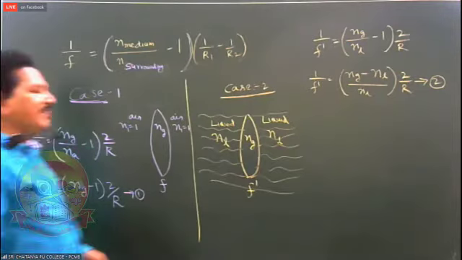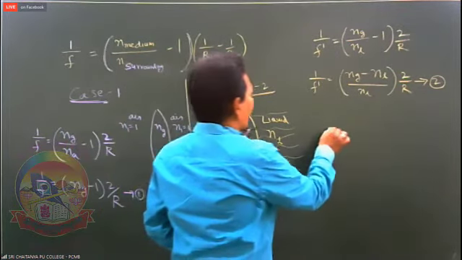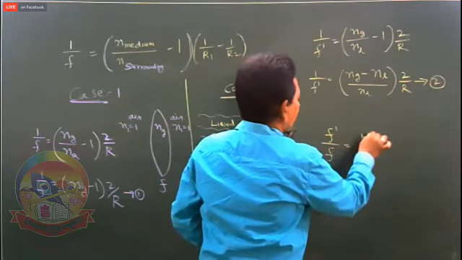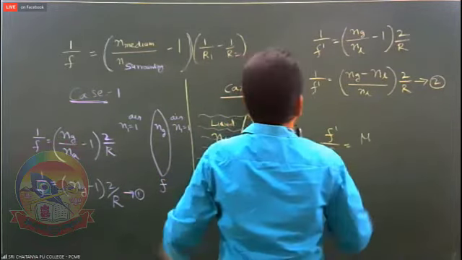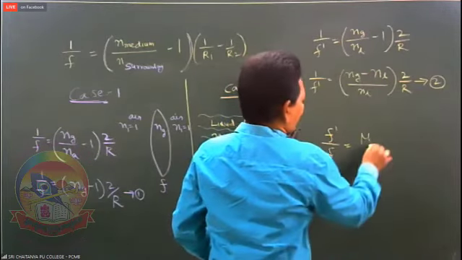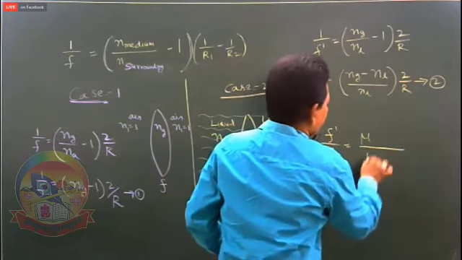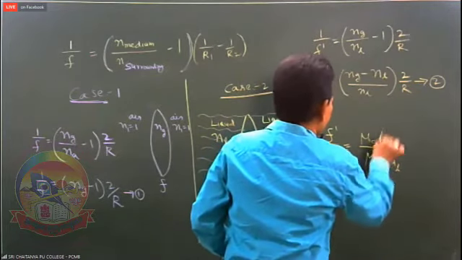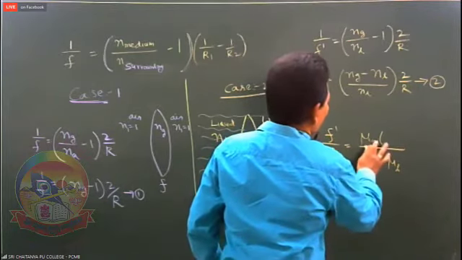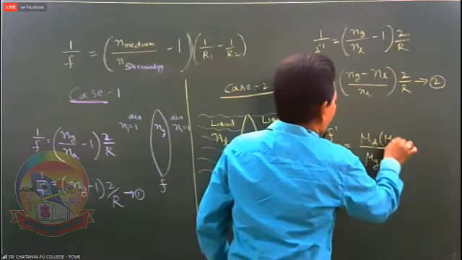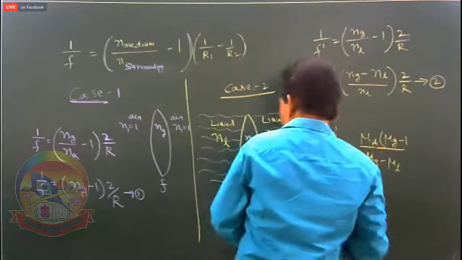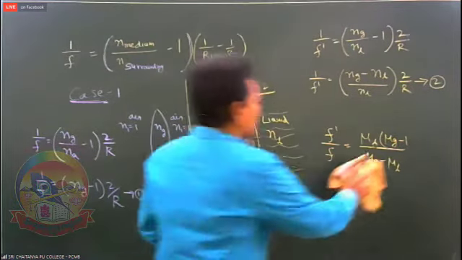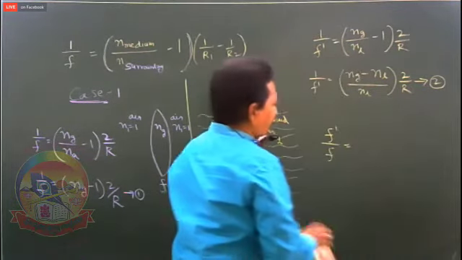If I divide, we are going to get F dash by F is equal to mu G minus 1, divided by mu G minus mu L, into mu L, that is, mu L into mu G minus 1. Or we will write in terms of N only. F dash by F.